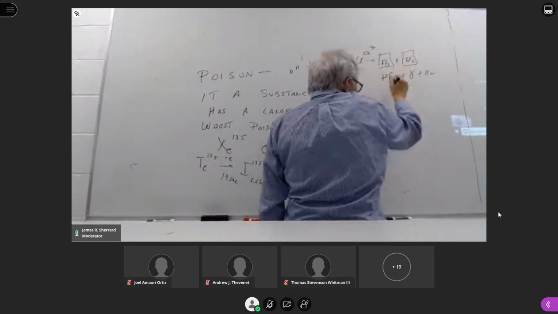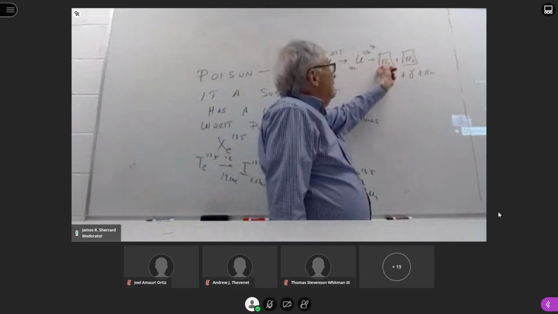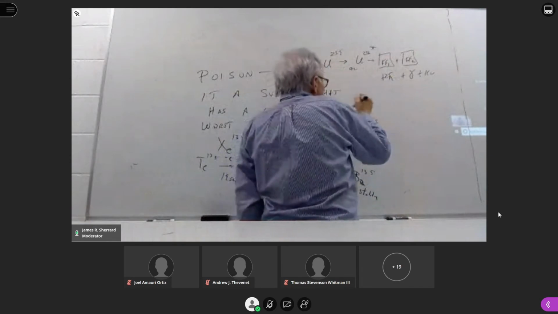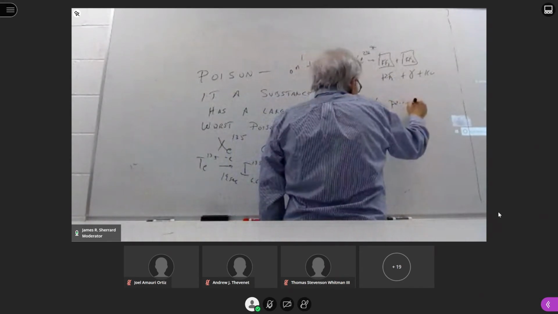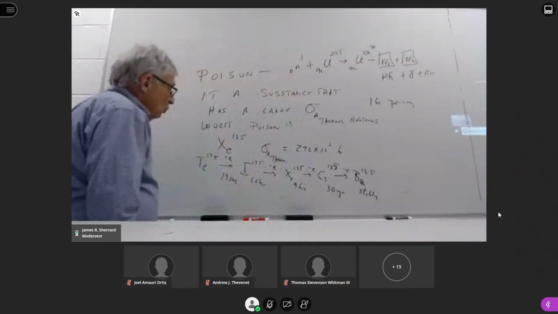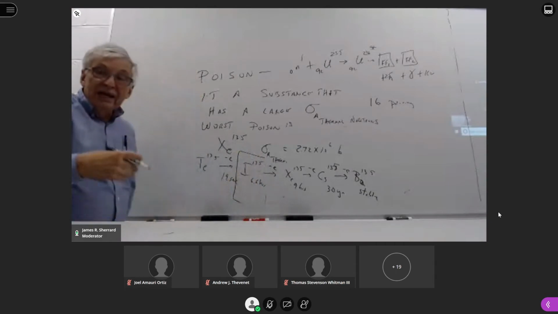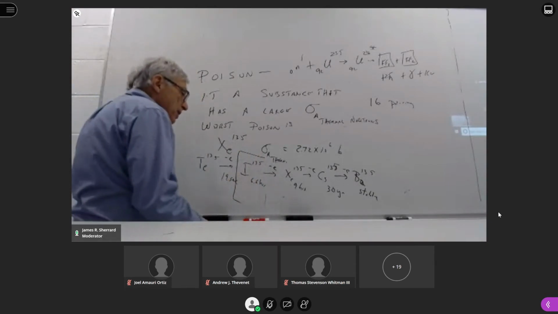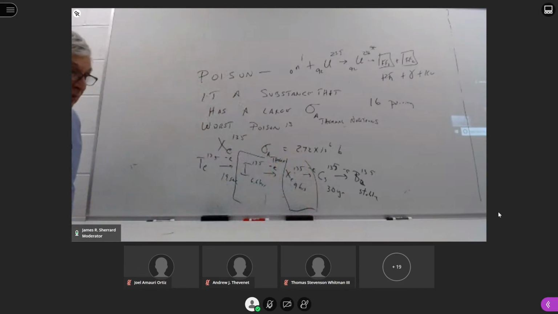Remember, this is about 2.5 neutrons. We have 2 fission fragments, and typically for uranium-235, there are 16 pairings. You'll find out that one of these pairings is iodine and something. Another pairing is xenon and something.